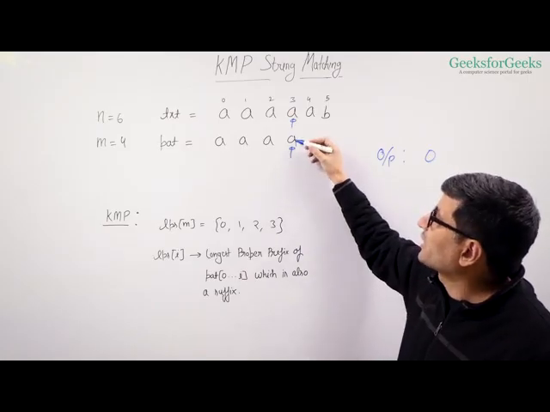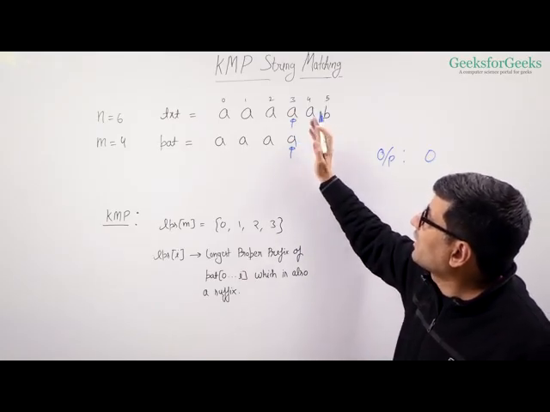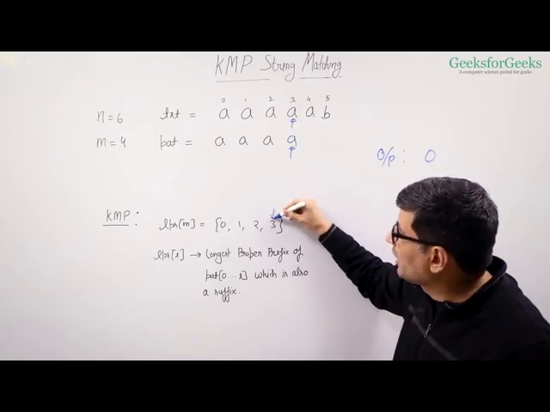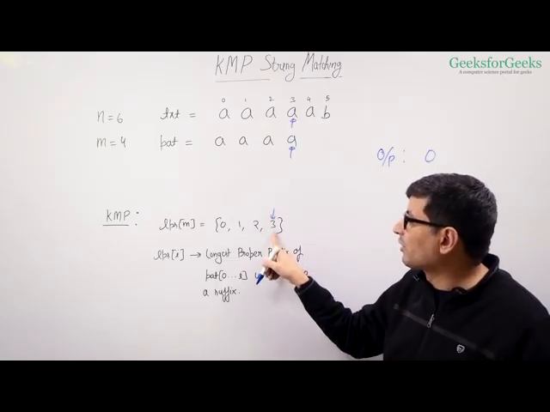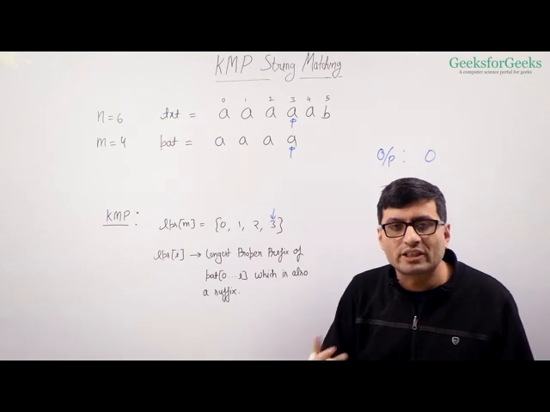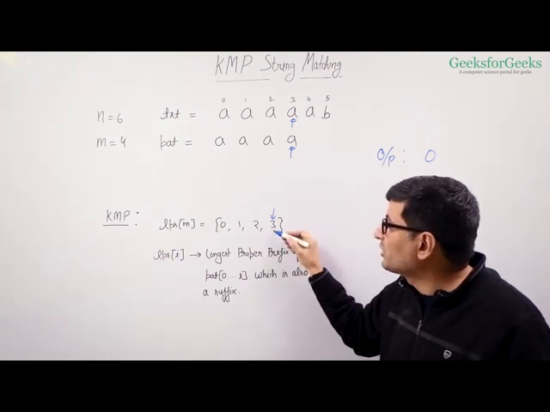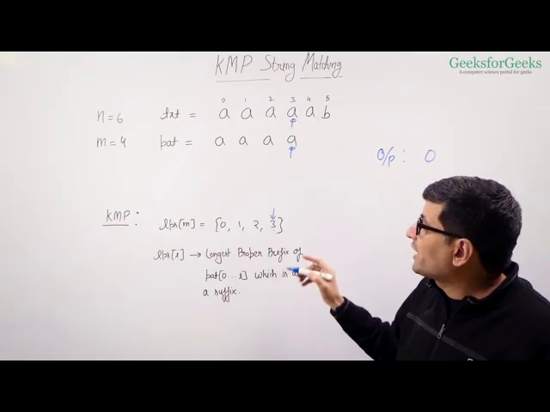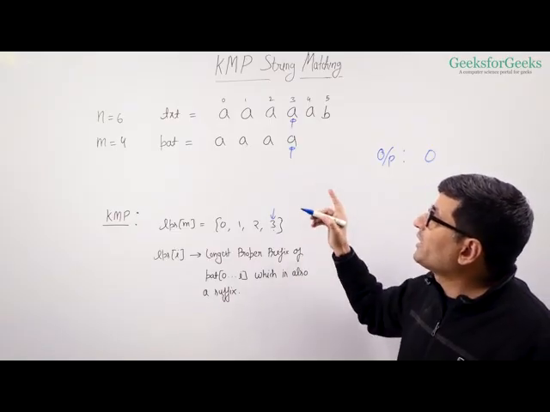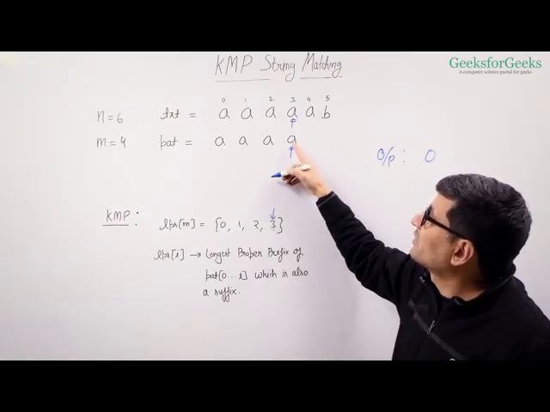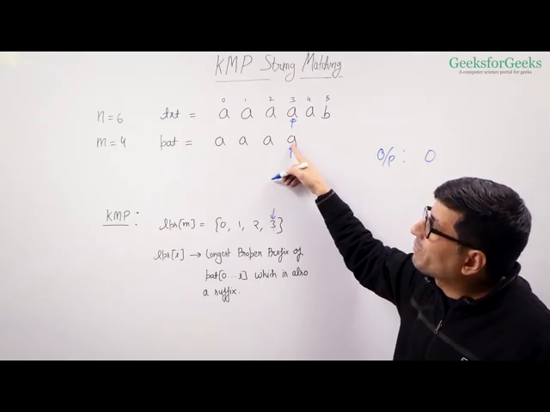Last matched character is the last character of the pattern. So this particular LPS value is looked for finding the next indexes to be matched. This value is 3. So the index of the character that we need to match in the pattern is 3. This is the next character that we need to match in the pattern.